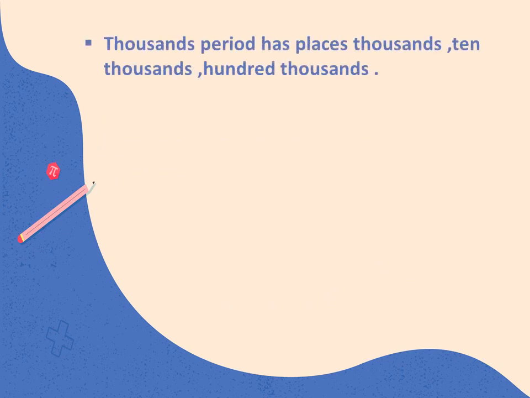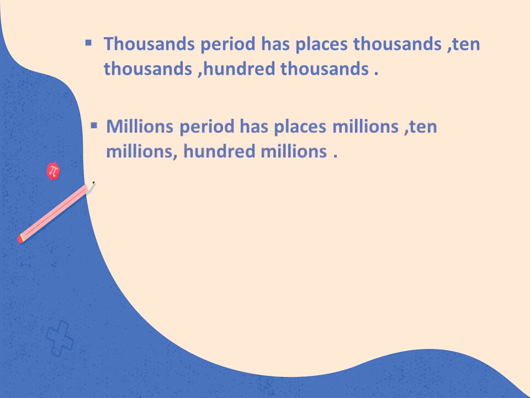Thousands period has places thousands, 10,000s, 100,000s. Millions period has places millions, 10 millions and 100 millions. Periods are separated by commas.